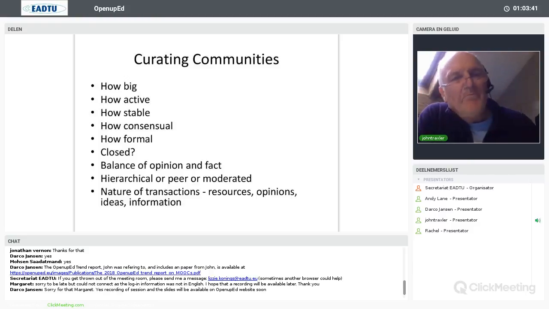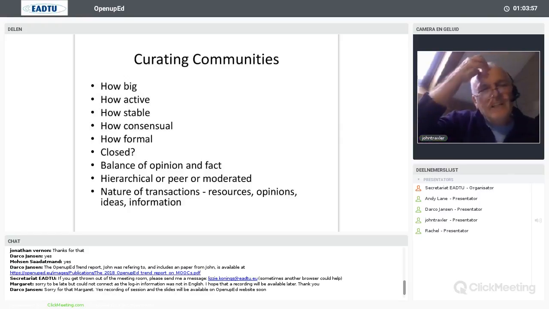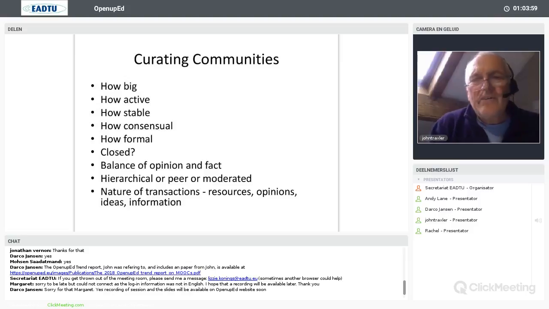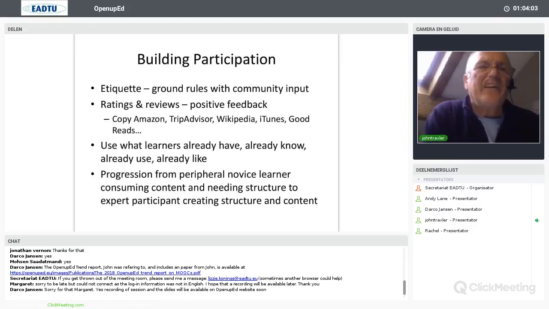How, I don't know, polemical or factual is it? And again, maybe this helps people crystallize their own judgment about being involved in real life, non-educational communities of learners. So yeah, that's the idea of curating communities as well as curating content.